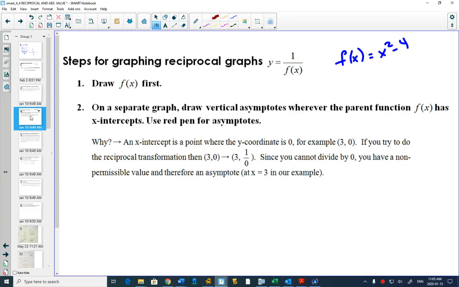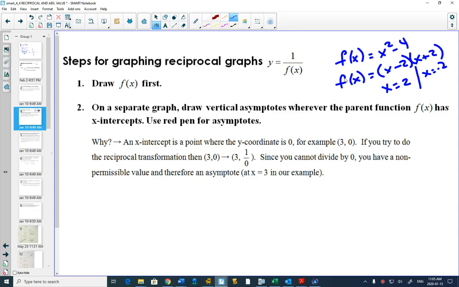Okay, so whenever your parent function, f of x, has x-intercepts, in this case, can you see that if you factored it, you'd get x-intercepts at 2 and negative 2. And if you have x-intercepts, the y value is going to be 0.